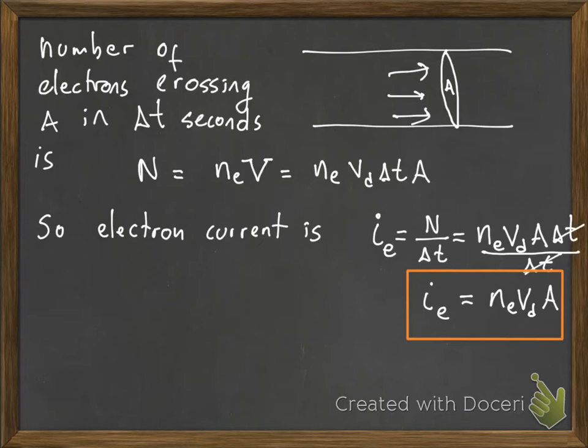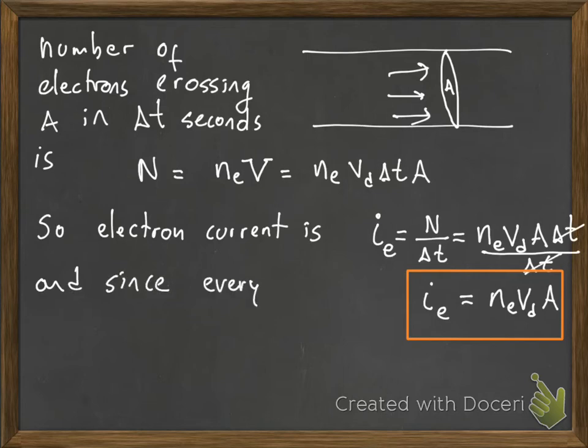And if you put the expression for capital N that we have just above, we see that delta t cancels, and we have an expression for the electron current: n sub e times Vd times A. This is the number of electrons per second flowing through this wire.